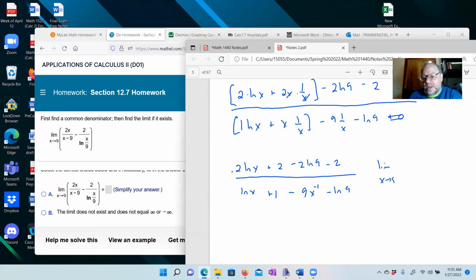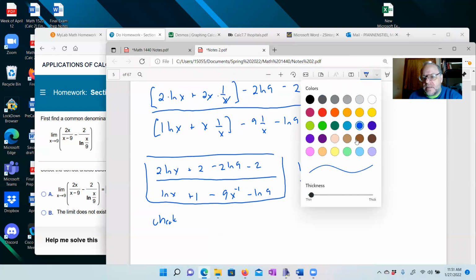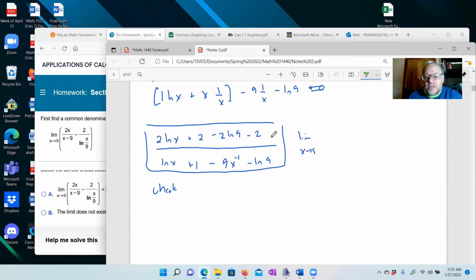Now, if we check, limit as x goes to 9. What are we going to have here? We're just checking here. And here's my check. What might be better? Let's put the check in a good green. Yeah, that's a better green. So we're just checking.